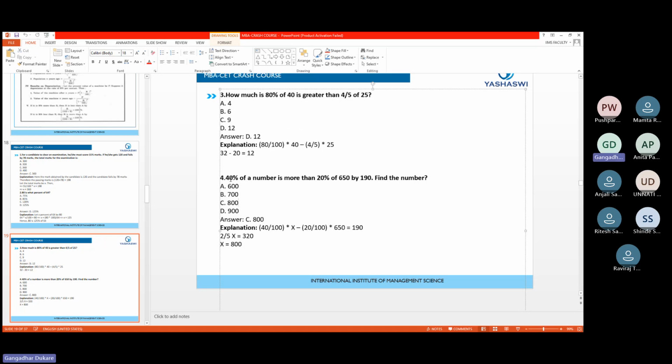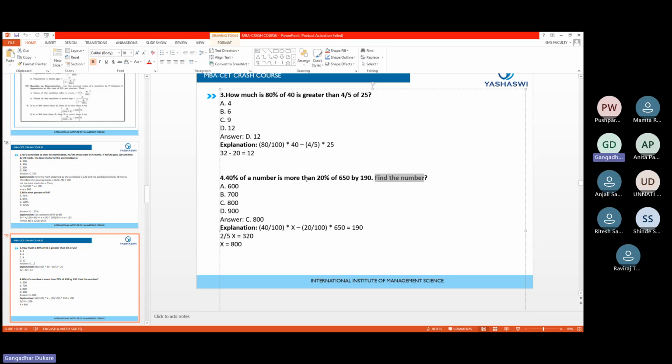The fourth question: 40% of a number is more than 20% of 650 by 190. Find the number. We start with 40%, that is 40 divided by 100 into x, the number we need to find out.